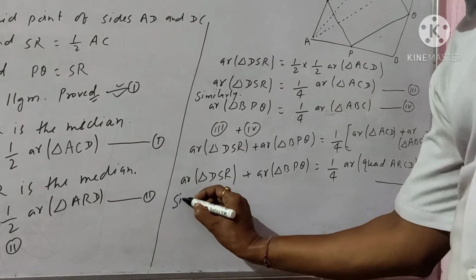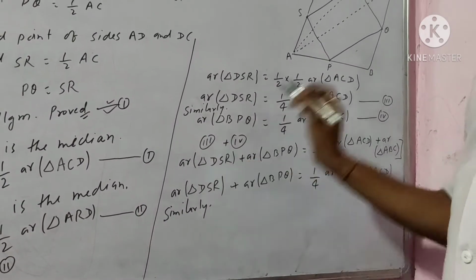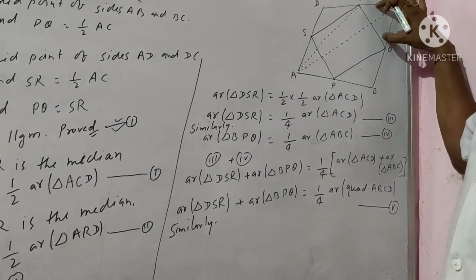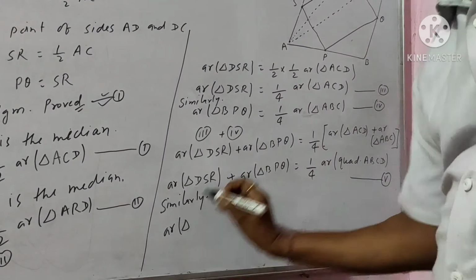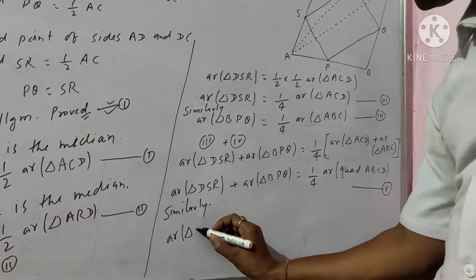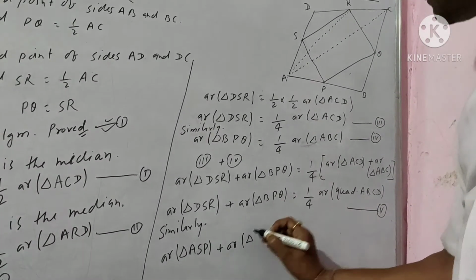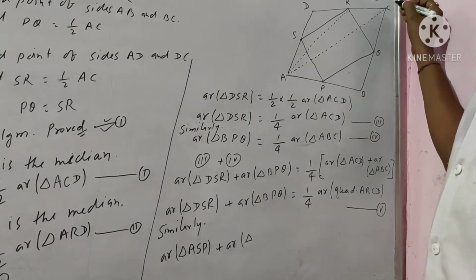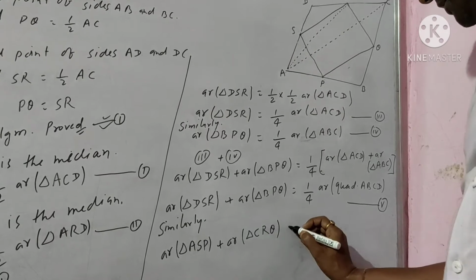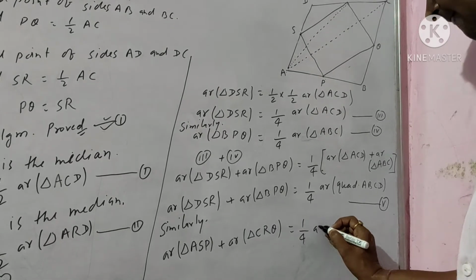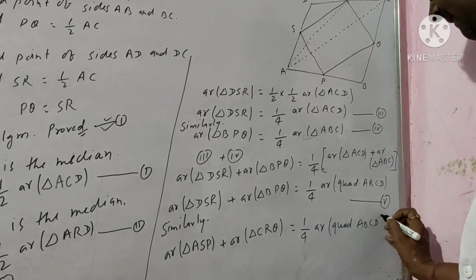By the similar way we can write this area plus this area is equal to 1 by 4 of area of quadrilateral ABCD. So by the similar way, area of triangle ASP plus area of triangle CRQ is equal to 1 by 4 area of quadrilateral ABCD by the same process.